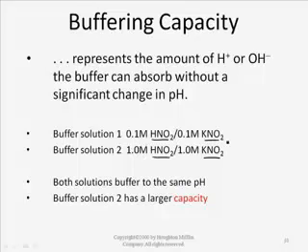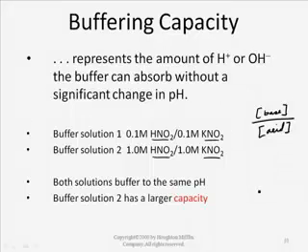So for these buffer solutions, remember in Henderson-Hasselbalch, the thing that changes is the ratio of the base to the acid. If this ratio is the same, like it is in these two buffer solutions, then it's going to buffer to the same pH.